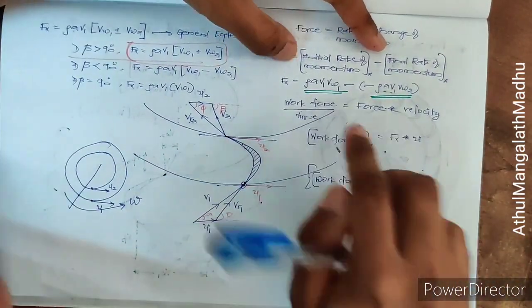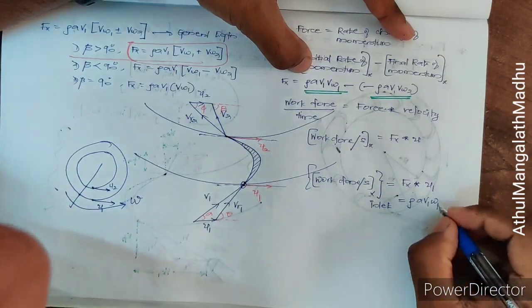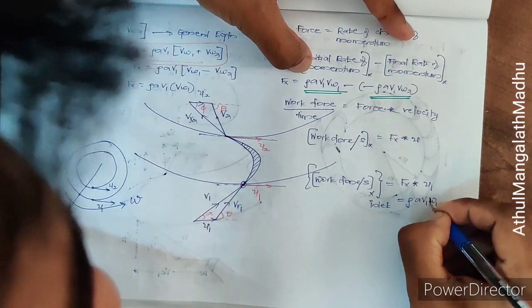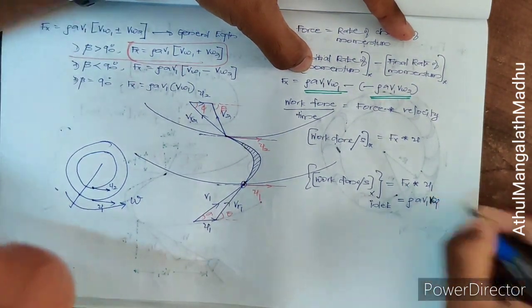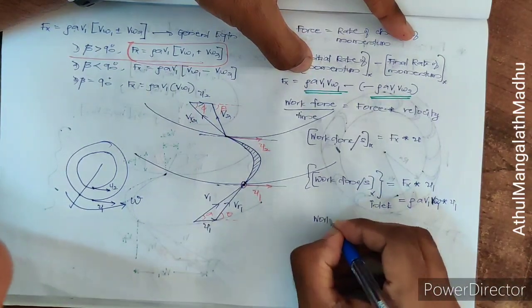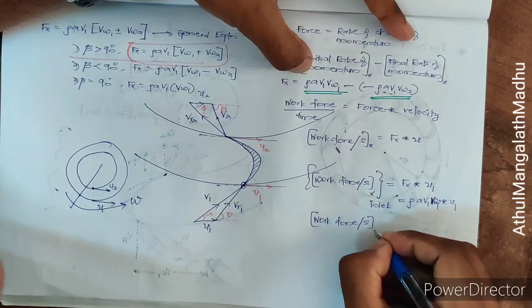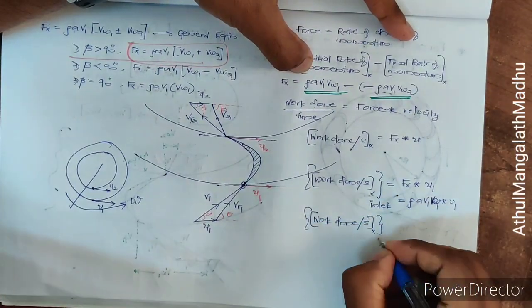The force we know is the force at the inlet, that is rho into A into V1 into Vw1. That is the initial portion, the inlet portion. So this is the initial force, that is, the initial rate of change of momentum: rho A V1 Vw1, multiplied by u1.